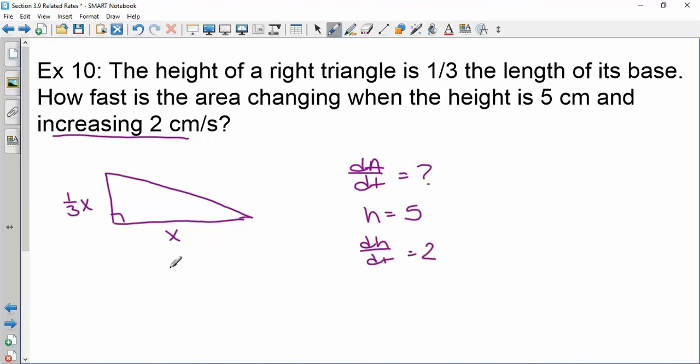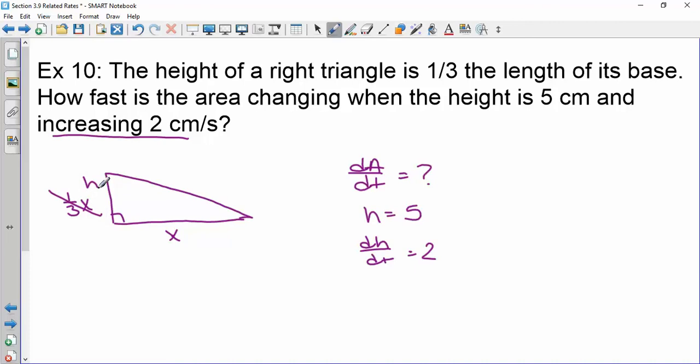But what we have set up in our picture, we used the base for the variable, not the height. So we have to switch our variables to match the rate that's given. So while x and 1/3 x were a great start, that doesn't really match the rate I'm given. So I need this to be my h.